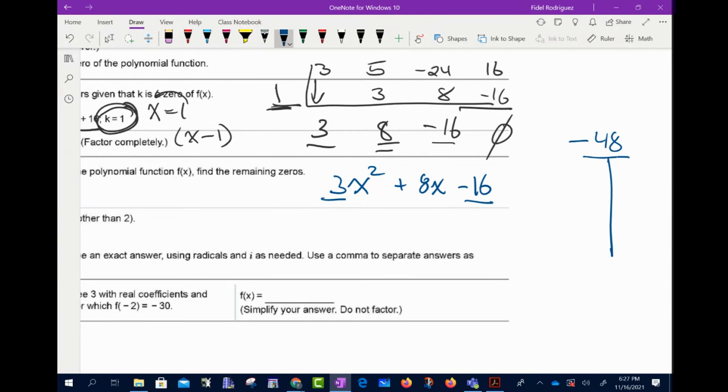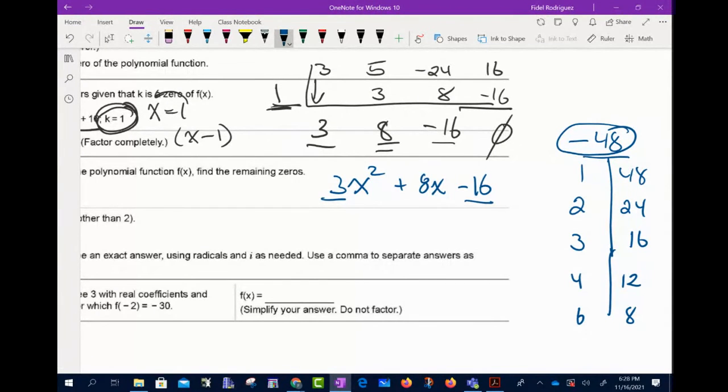So what I'm going to do now is I'm going to make a list of all the numbers that I know multiply to 48. Like what? Oh, I don't know, like 1 and 48, like 2 and 24, like 3 and 16, like 4 and 12, and like 6 and 8. And I think those are all the numbers that are going to multiply to a 48. But since it's a negative 48, in those pairs, one of those numbers is going to be negative, okay?